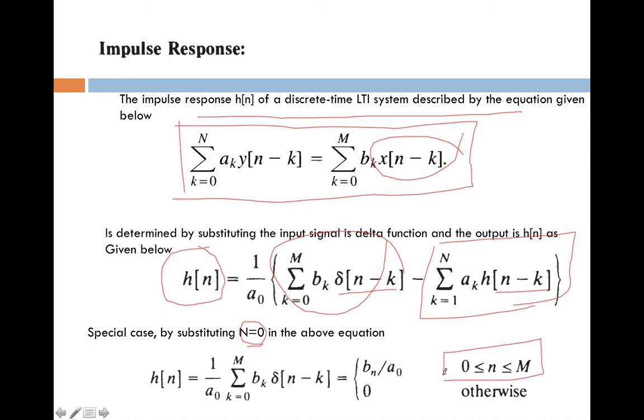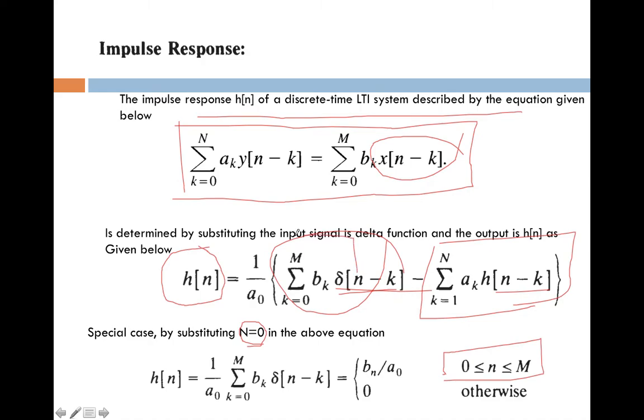We are going to substitute different values of k and find the value of n, because the delta function is defined only at one time instant. For example, if you substitute k is equal to 0, delta of n minus k becomes delta of n, which is equal to 1 when n is equal to 0.